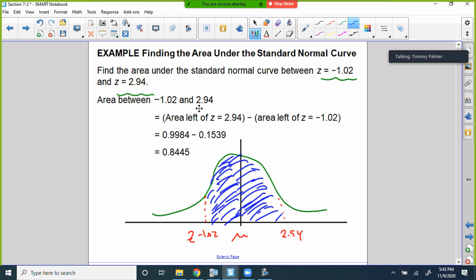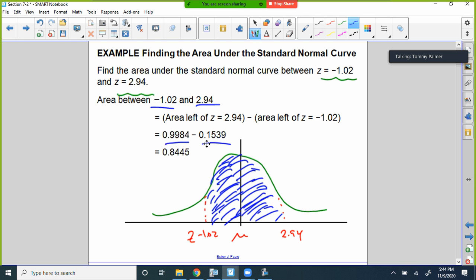All right, so you find the area for the z-score of 2.94, and that's 0.9984, and then you find the area for the z-score of negative 1.02, which is 0.1539. It's the biggest one minus the what? Smallest one, right?